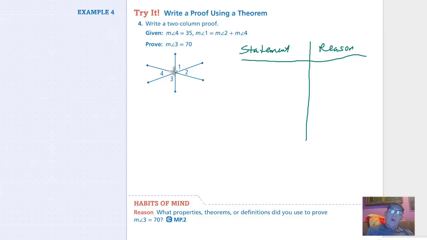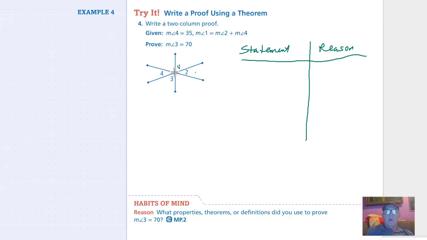So angle 1 and angle 3 are vertical angles. If angle 4 is 35, that means angle 2 must be 35 because those are vertical angles. And angle 1 is congruent to angle 3.